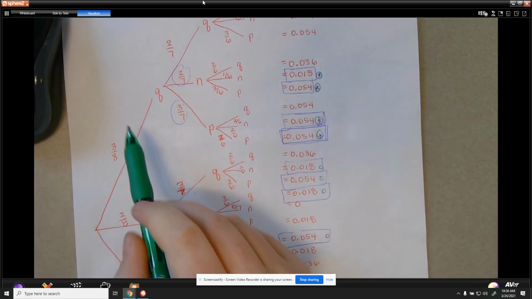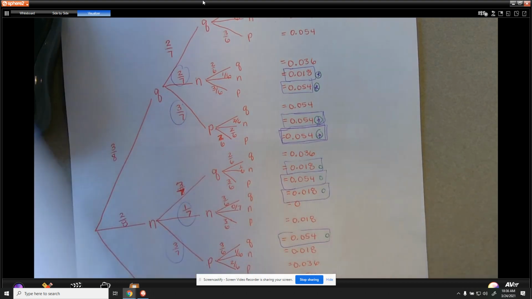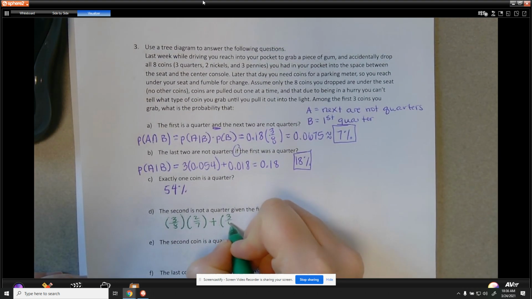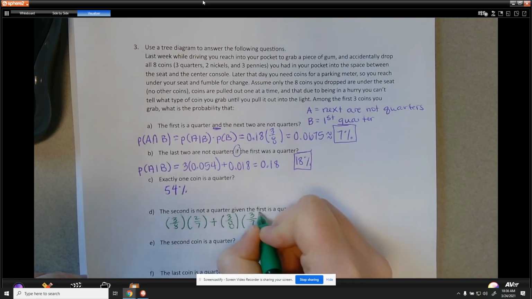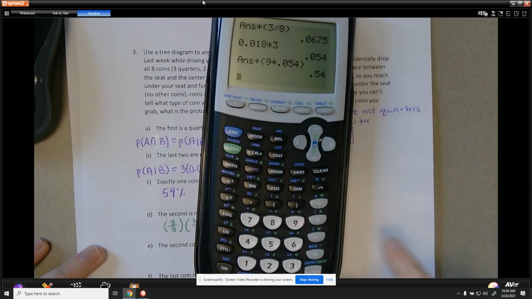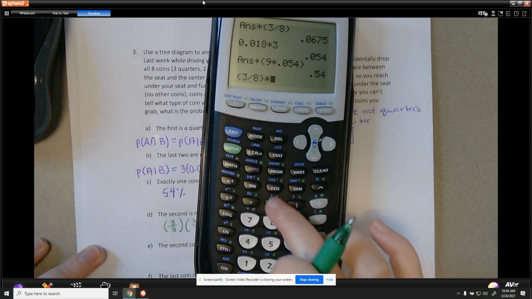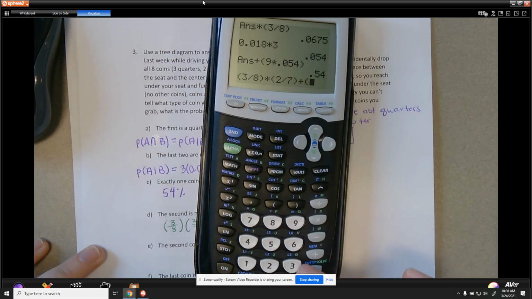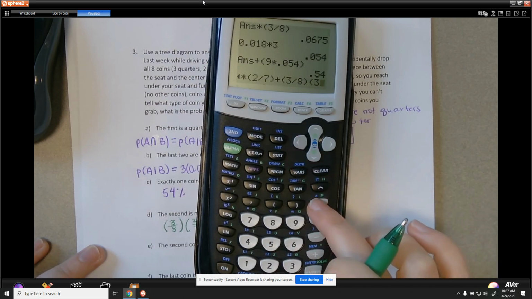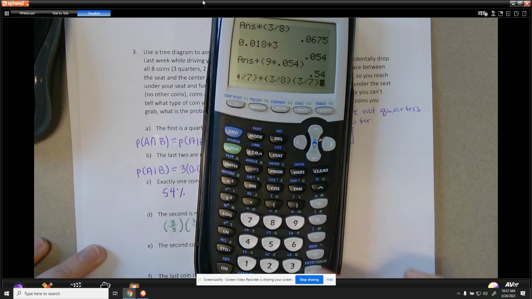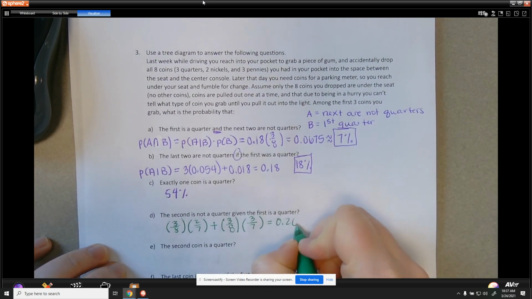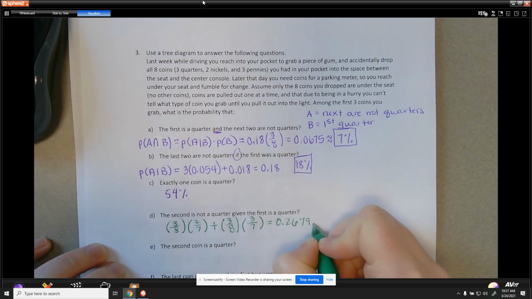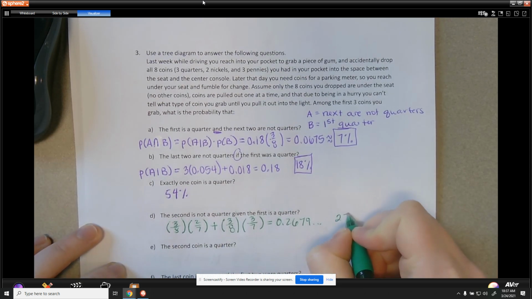Plus we have another option, 3/8 times 3/7, quarter and then penny. So this, here we go. 0.267, I'm rounding up. This is about 27%.